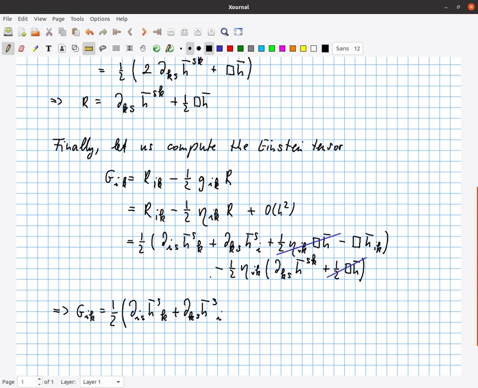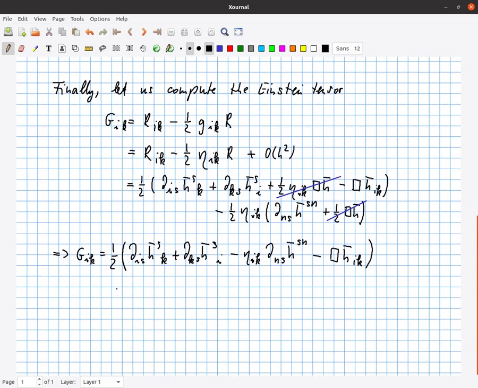We then have this term here, so the half hops out, which means we have a minus eta_ik, better call this an s, and this an n, partial_n partial_s h bar sn, and the final term that we have is the box term here, minus box h bar_ik. And this is the linearized Einstein tensor.